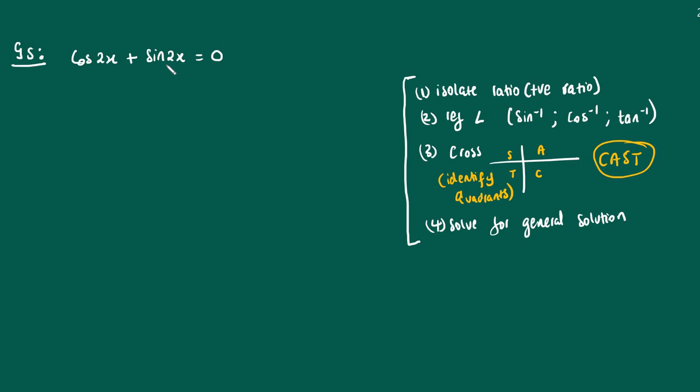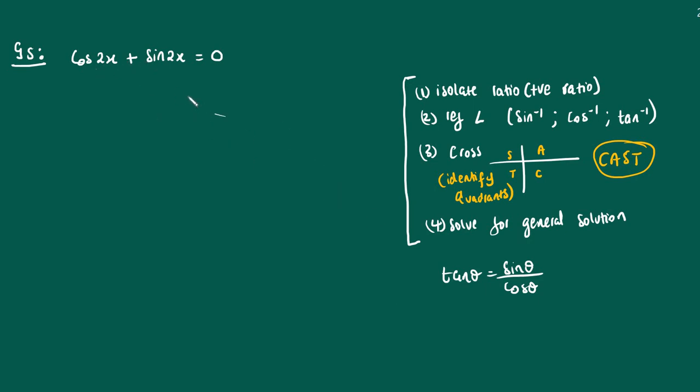As long as there is no squared and the likes, and you have sine and cos, just make sure that you get tan. So how do you get tan? Remember, tan theta is sine theta over cos theta. So that will mean that you need to solve it in such a way that you get sine over cos.